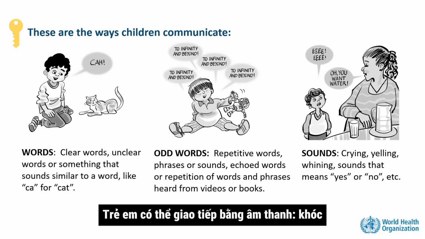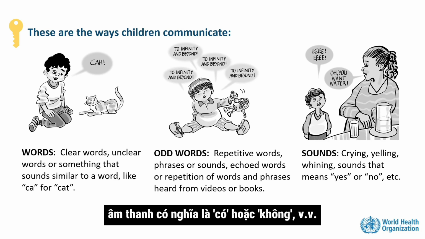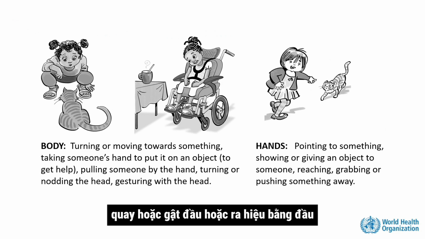Children can communicate with sounds: crying, yelling, whining, sounds that mean yes or no, etc. Children can communicate with their bodies: turning or moving towards something, taking someone's hand to put it on an object, to get help, pulling someone by the hand, turning or nodding the head, or gesturing with the head.